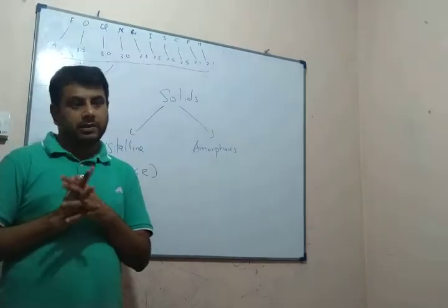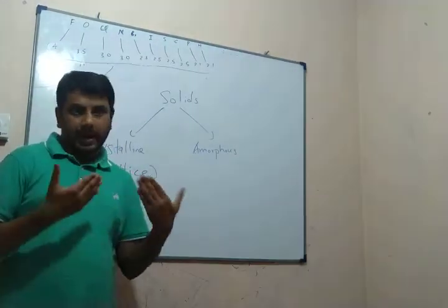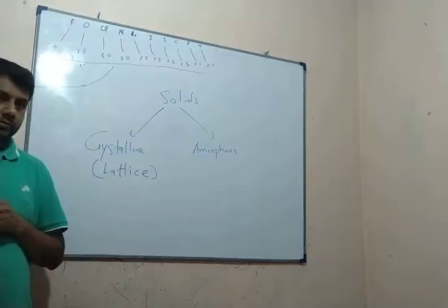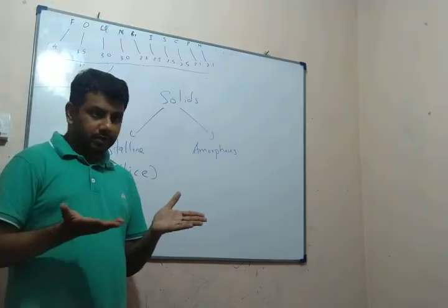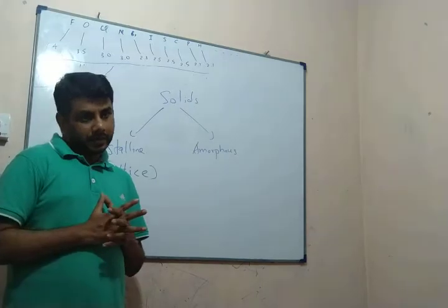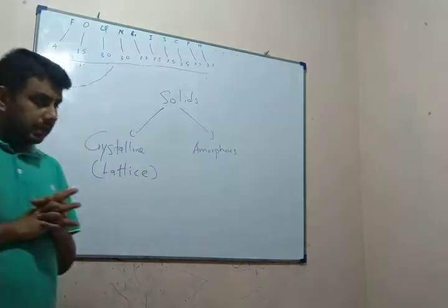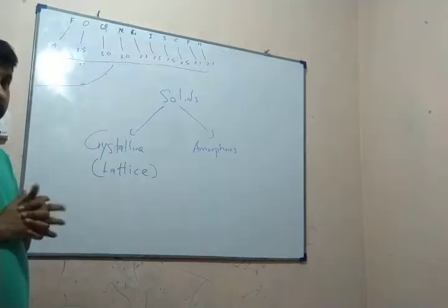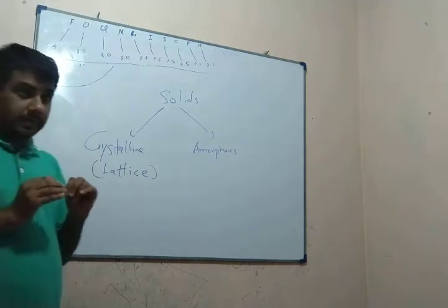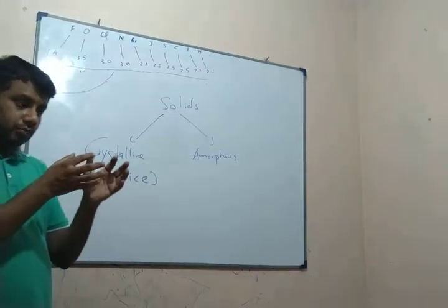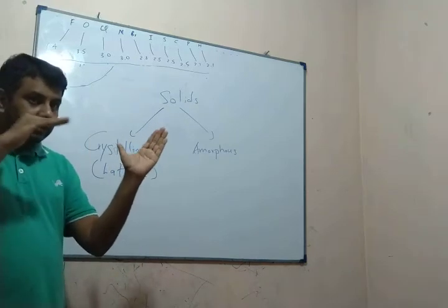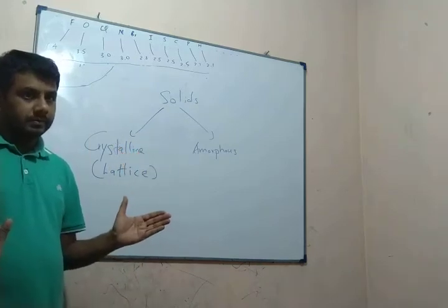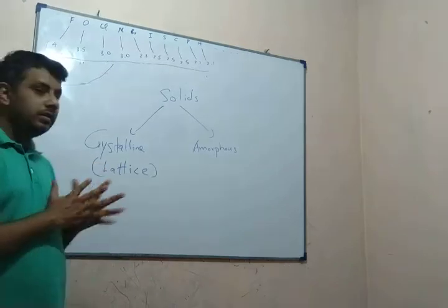Those fundamental particles may be either ions or atoms or molecules. So lattice, or crystalline solid, means that particles are arranged in an ordered regular pattern. Then it is called a lattice.